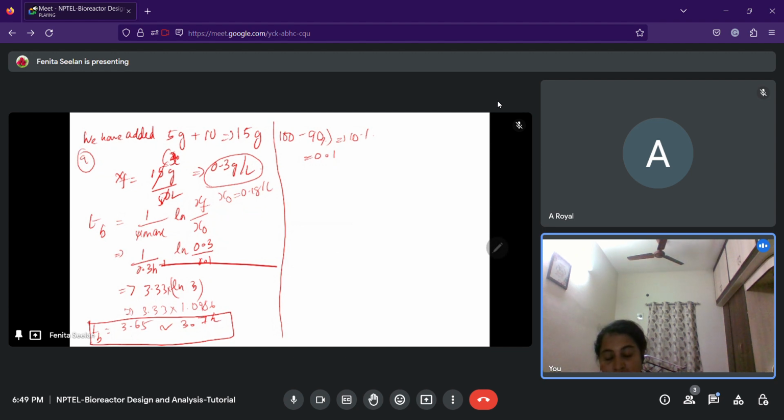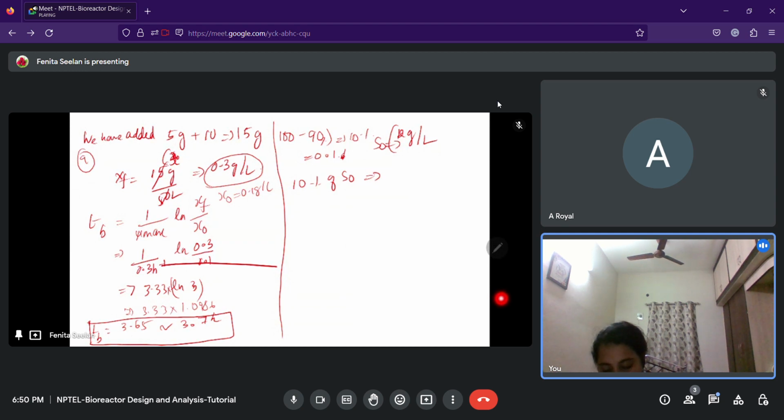That is 10% of what we have added, which is the initial glucose concentration of 12 grams per liter, right? So this is 10% of S naught.